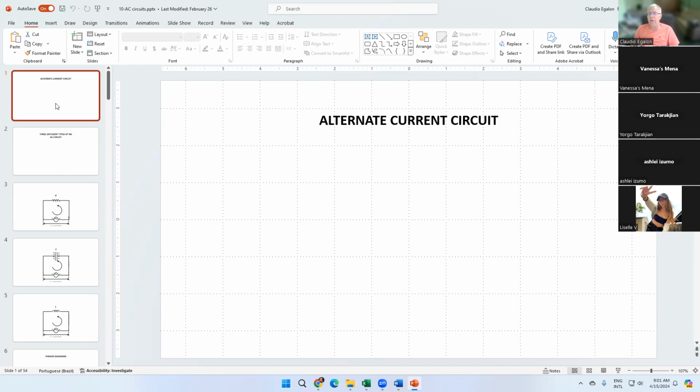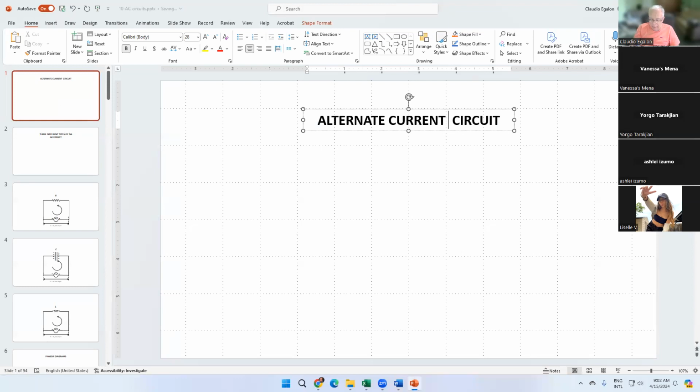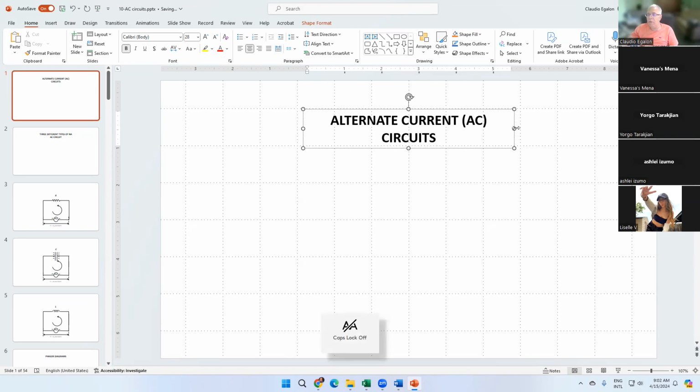So here you go, alternate current circuits, AC, right? Alternate current, I'm gonna put it AC circuits. It should be with a plural, circuits.